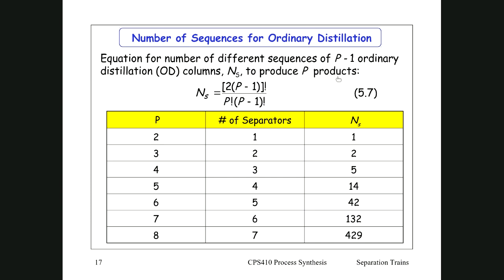But when you've got 3 species, you'll need two separators, and there are 2 sequences in which you can put those 2 together. Similarly, as you go to 4 and 5, the number of different sequences you can use starts increasing according to the product of the number of species.